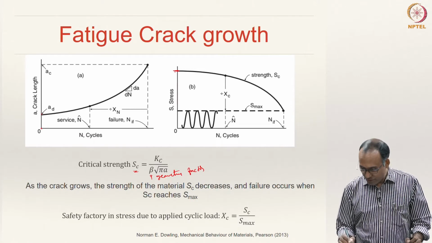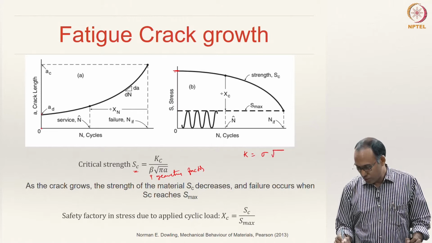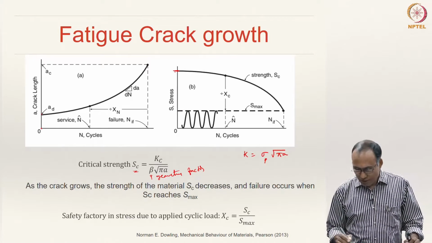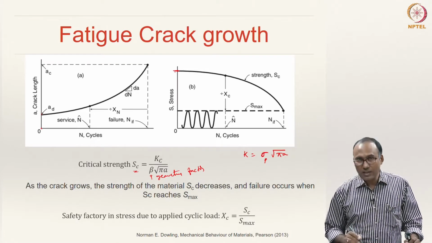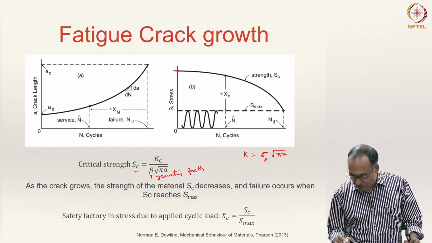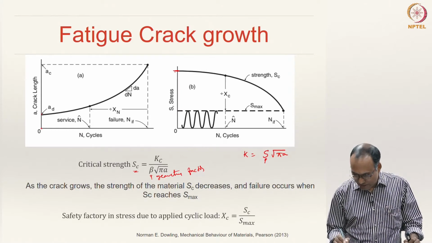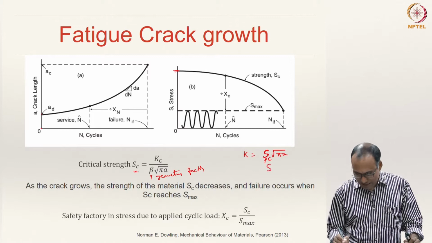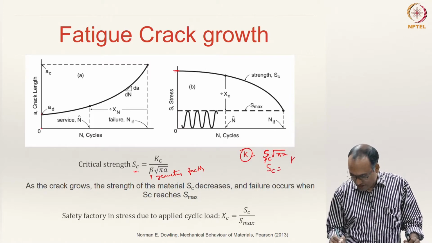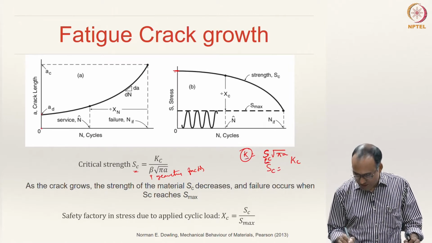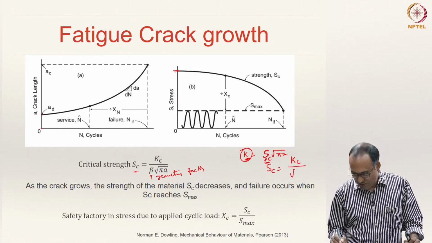You remember we have written K equal to sigma root pi a, where sigma is your stress. When this becomes the critical strength of the material, we call it sigma c. Here sigma is represented by S, that is the only difference. So Sc becomes K, which is the fracture toughness, when this becomes critical, so it should be fracture toughness divided by root pi a.